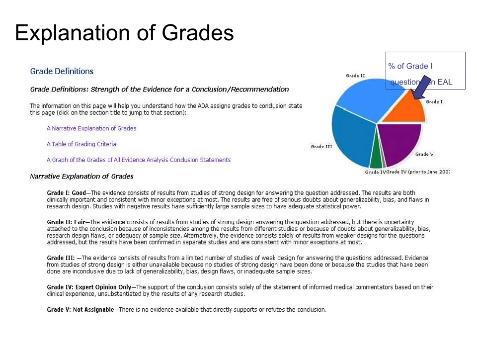Alternatively, the evidence consists solely of results from weaker designs for the questions addressed, but the results have been confirmed in separate studies and are consistent with a few minor exceptions.